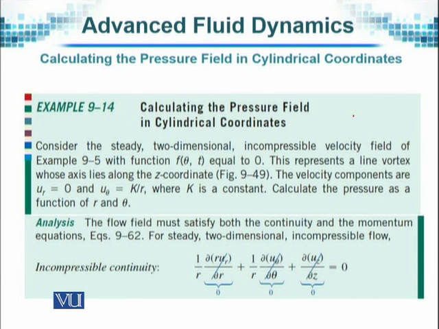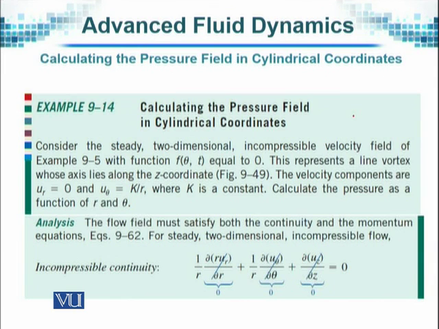So therefore, it is obvious that U_theta is inversely proportional to r. As r increases, U_theta reduces, but when r is decreasing, U_theta is increasing. It is required that we calculate the pressure as a function of r and theta.